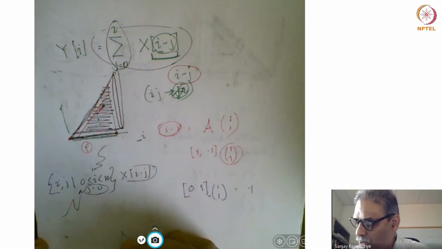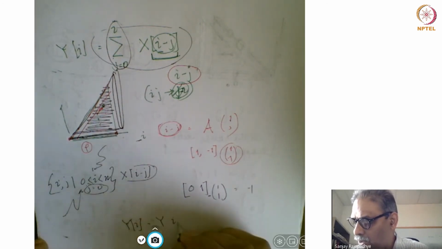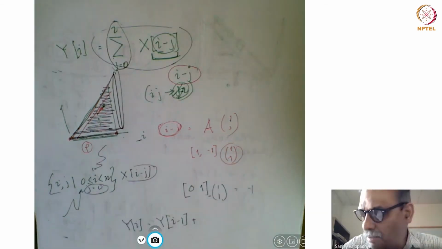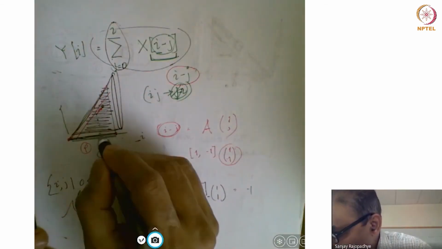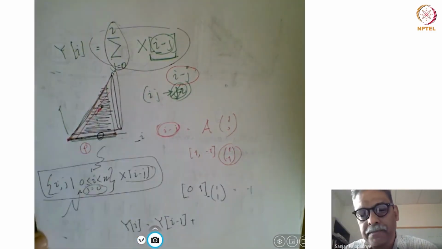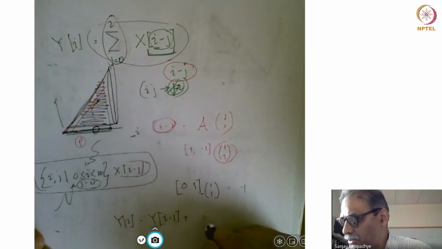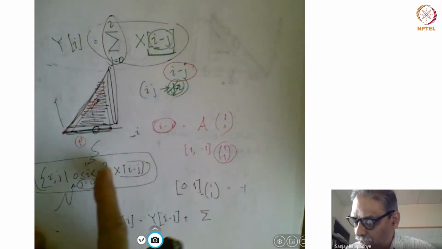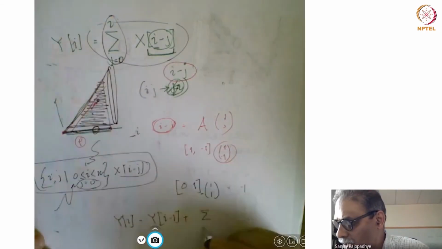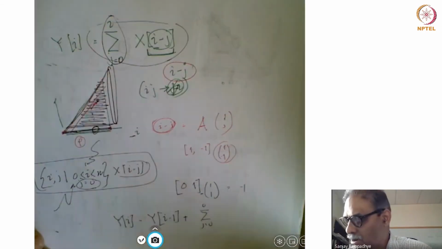So I'm going to say y of I equals y of I minus 1 plus something. What is the something? This reduction body at I, which is equal to sigma. And when I say j equals 0, sigma, if the bounds on the summation is simply j equals 0 to 0 of x I minus j.